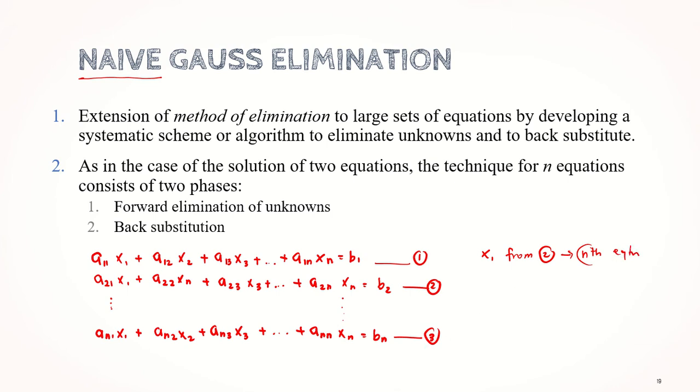So the first thing that we need to do is to multiply equation 1 by a21 over a11.